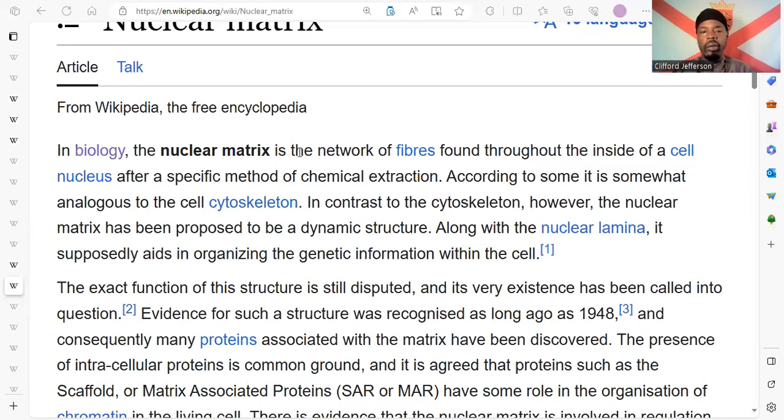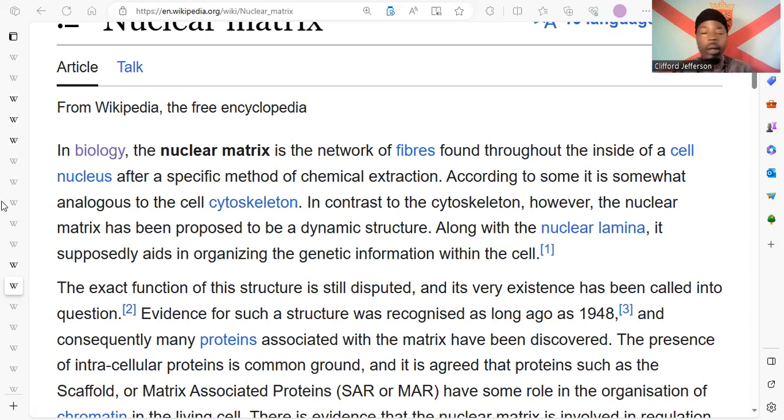Neural matrix. In biology, the nuclear matrix is a network of fibers found throughout the inside of a cell's nucleus after a specific method of chemical extraction. According to some, it is somewhat analogous to the cell cytoskeleton. In contrast to the cytoskeleton, however, the nuclear matrix has been proposed to be a dynamic structure. Along with the nuclear lamina, it's supposed to aid in organizing genetic information within the cell.